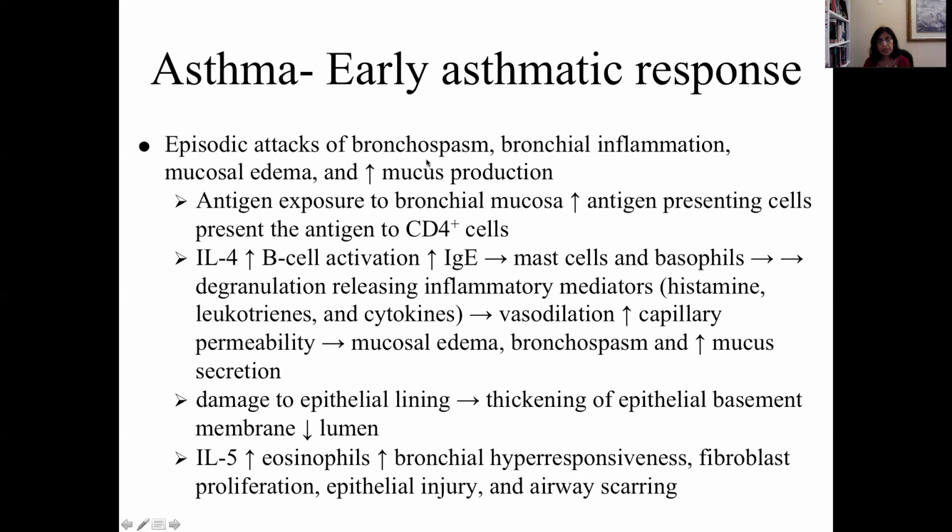Okay, the smooth muscle contraction locally, bronchial inflammation, mucosal edema because of the inflammation, and the fluid accumulation, and then increased mucus production. This is another interesting fact. Mucus production and the fluid due to inflammation is a combination that leads to a lot of fluid locally and causing edema and occlusion.